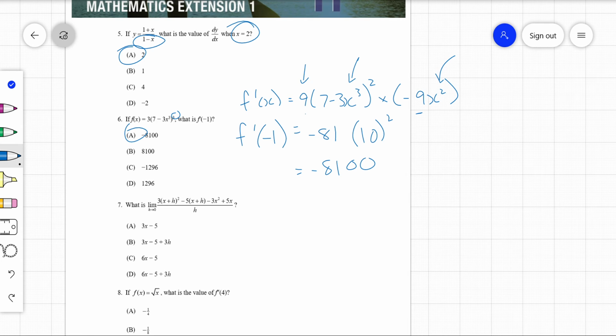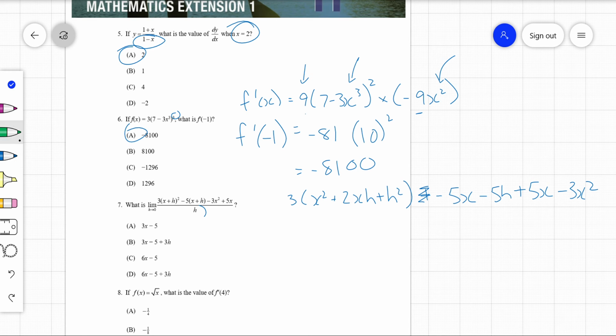So first of all, I'll have a look at that top and expand it. Because remember, I want to be able to factorize the top by h to get rid of that h on the bottom. So I've got x squared, I've got 2xh, and I've got 3h squared. I've got a minus 5x, a minus 5h, I'll have to write the 5x first, and a minus 3x squared.